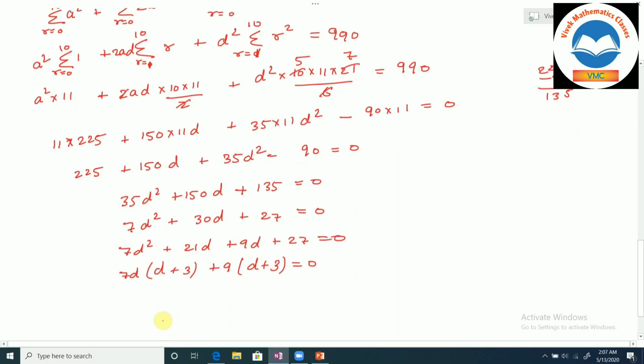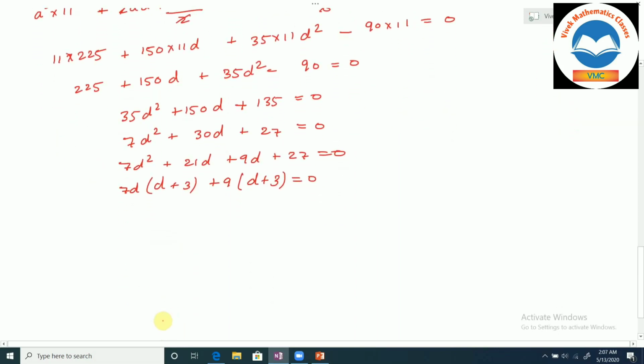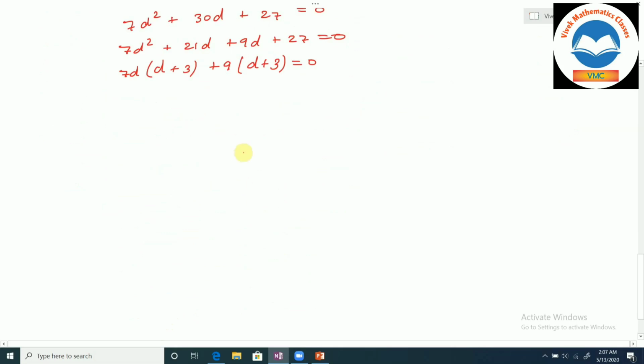Then we will get d plus 3 into 7d plus 9 will be 0. From here d will be minus 3 or d will be minus 9 by 7.